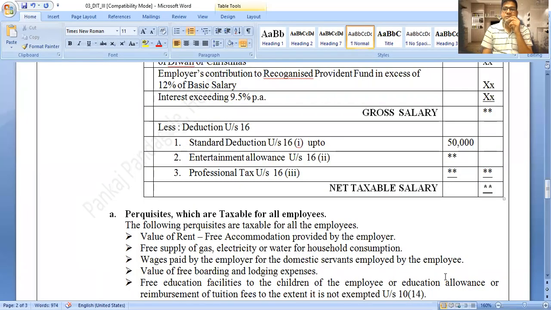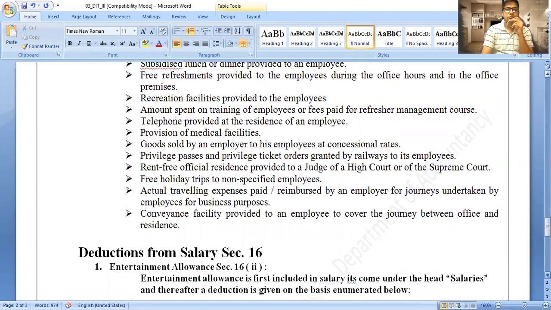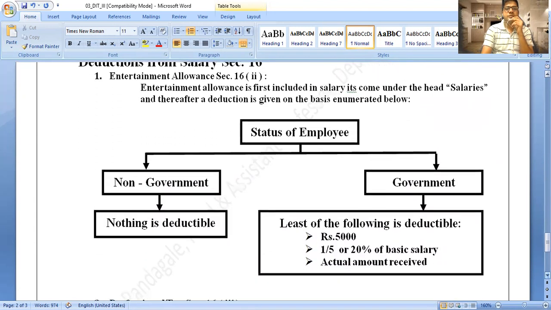The second deduction we have to give is entertainment allowance under section 16 subsection 2. How will we calculate the entertainment allowance deduction? Whenever the employee is a non-government employee, it is not applicable.